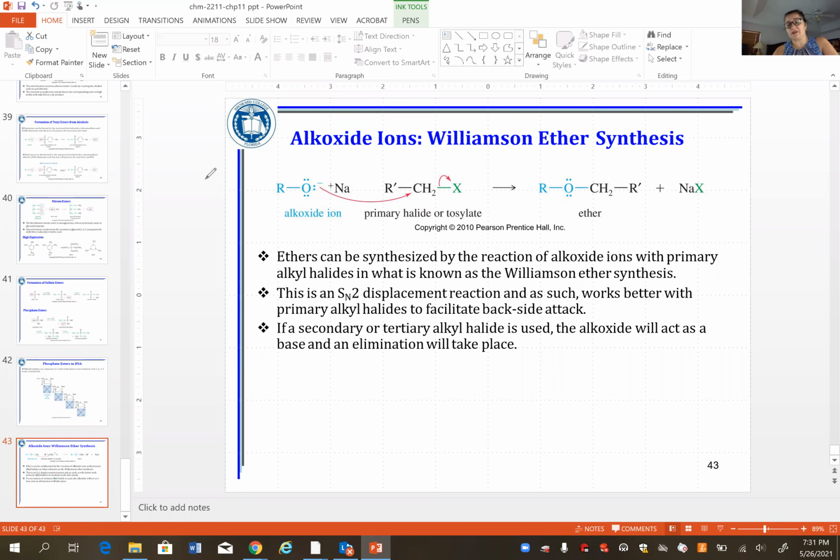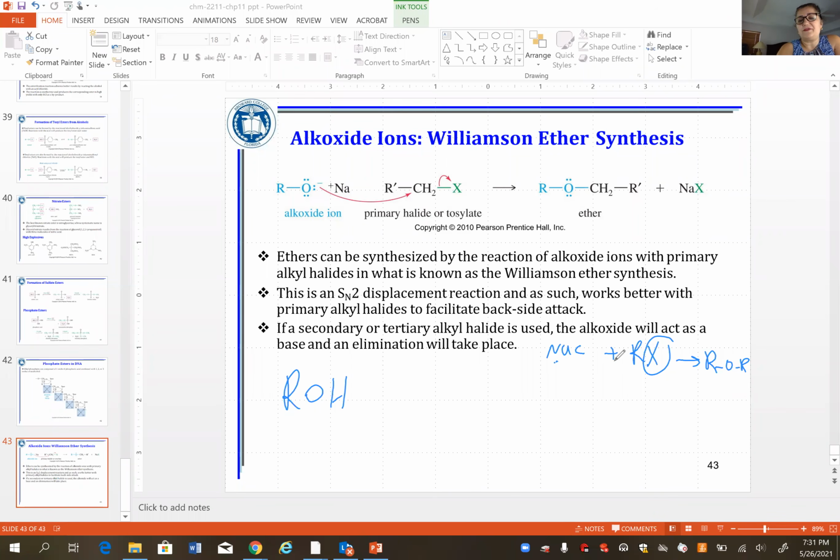So how do you make ethers? In this case, using the Williamson synthesis of ether, it is an SN2 type reaction again. So for an SN2 type reaction, you start with the alcohol, ROH. You need a nucleophile and you need an RX, right? An alkyl halide, something with a good leaving group. So I'm going to get ROR as a product.